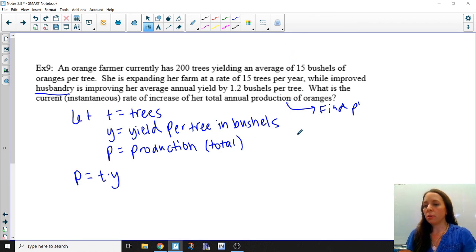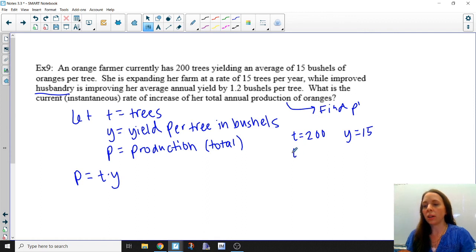So there are some other prime values that we should acknowledge as well, though. So I'm going to start to write a little bank of information. I currently know that there are 200 trees and that the yield per tree is 15 bushels. Okay. However, I also know that she's expanding her farm at a rate of 15 trees per year.